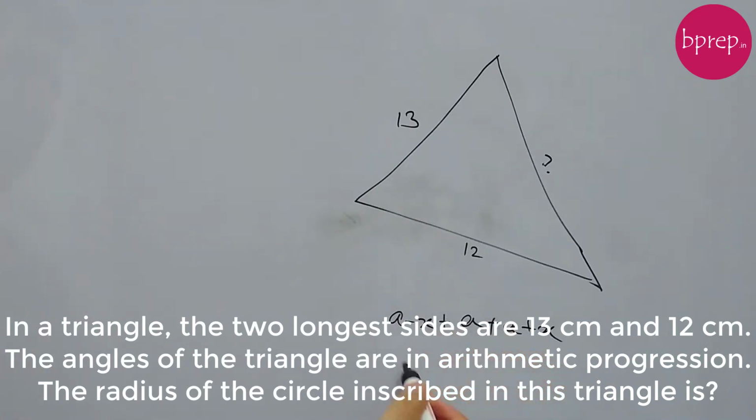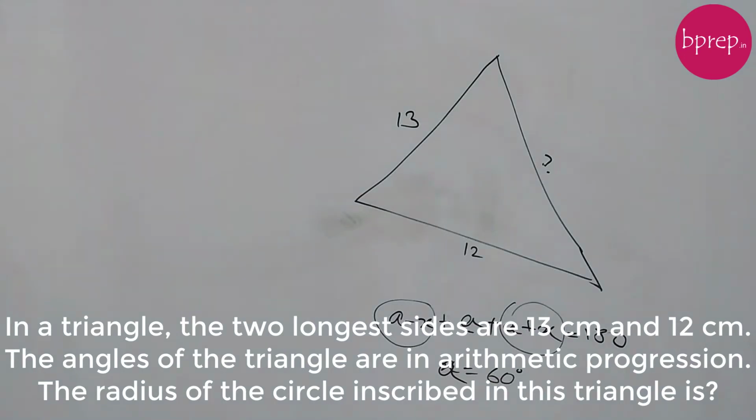Then if we add all this, X will get cancelled. 3A equals 180 degrees, so A is 60 degrees. So at least one angle is 60 degrees. The other angle is smaller than A, and the remaining angle is more than 60.